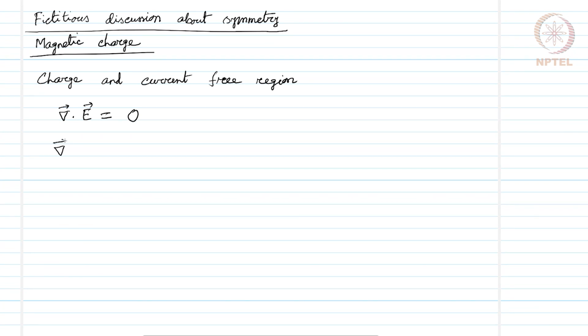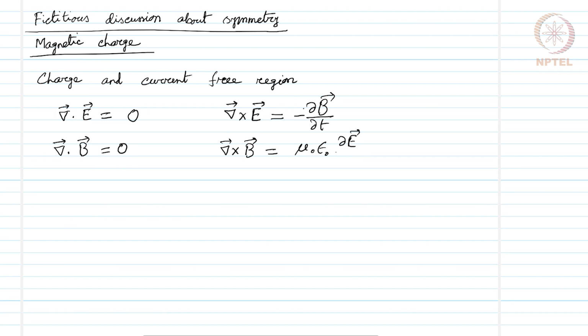The divergence of the magnetic field is anyway 0. The curl of the electric field is minus del B del t, and the curl of the magnetic field is mu naught epsilon naught del E del t, when we do not have any charge or any current.